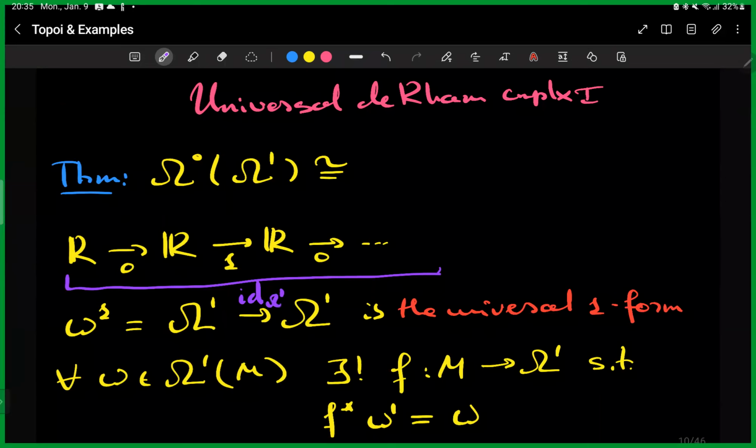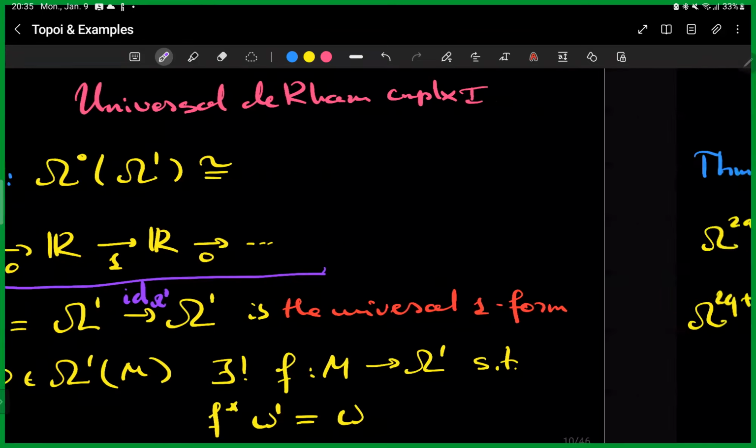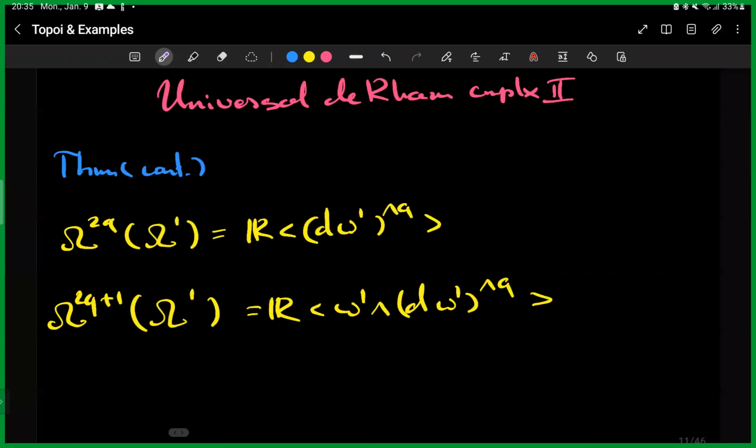And even better, this one form is universal, meaning that if we have an arbitrary one form on an arbitrary manifold, we can pull back this universal form on one forms and obtain this differential form. So another good thing, we can explicitly describe how this universal de Rham complex of differential forms is constructed.